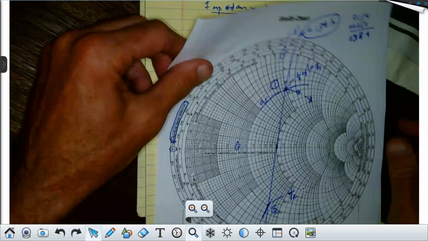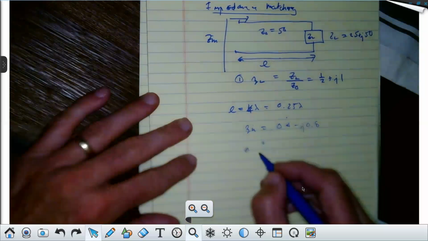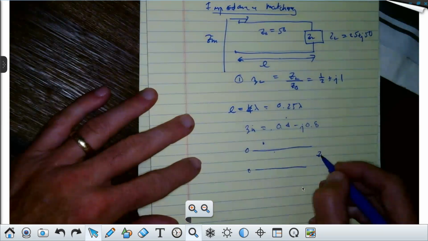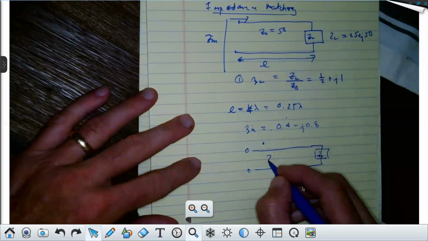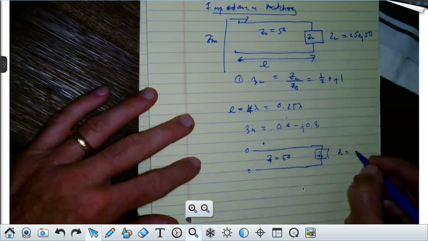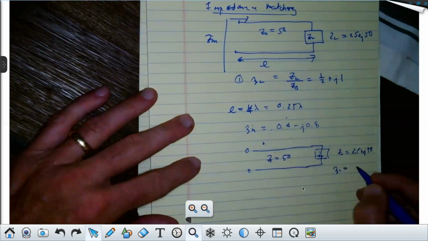I'm going to say I want the impedance to this same setup here. Z naught is equal to 50. ZL here is equal to 25 plus J50. And normalized ZL is equal to 1/2 plus J1.